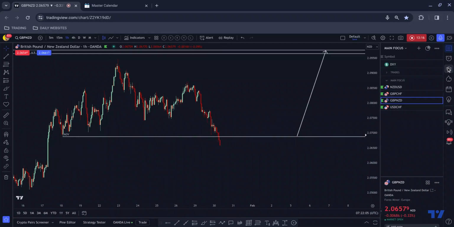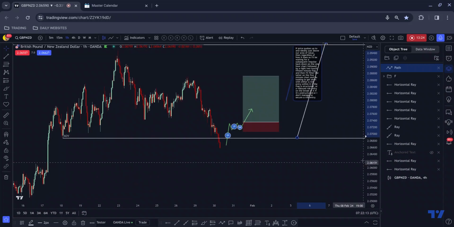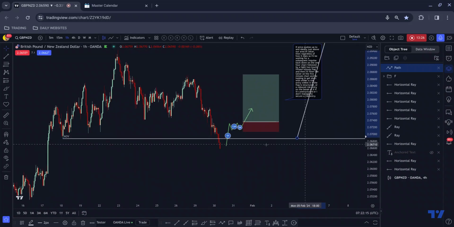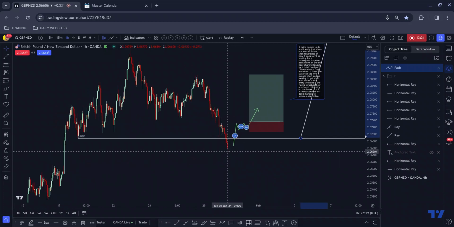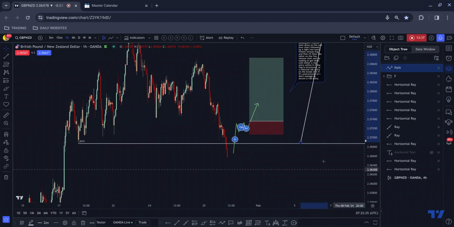So what I'll be looking for from this pair, quite simply, is the following. I'll be looking for price to tap into this area, which it now has. What I'm looking for now is a subsequent push up on the 1 hour, for which I've got an alert set just above the area of value, followed by that 15-minute continuation as a minimum, and potentially that 5-minute risk entry within the flag.